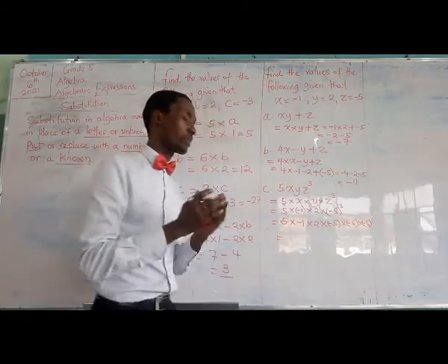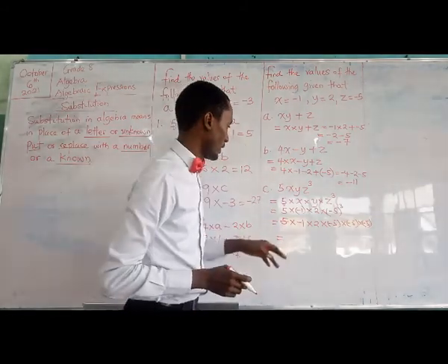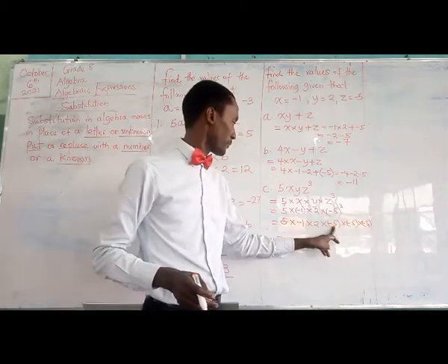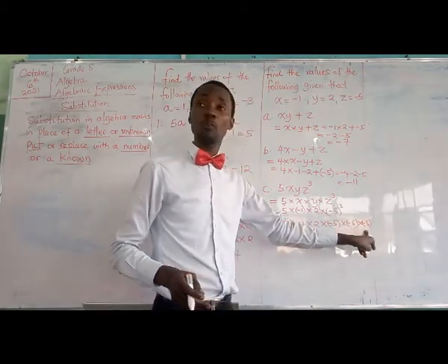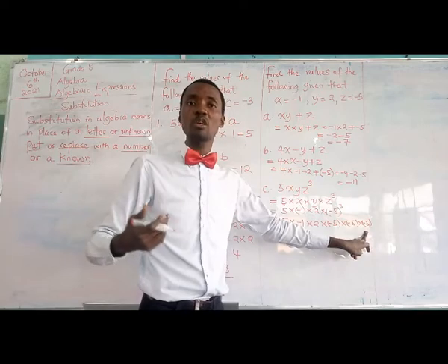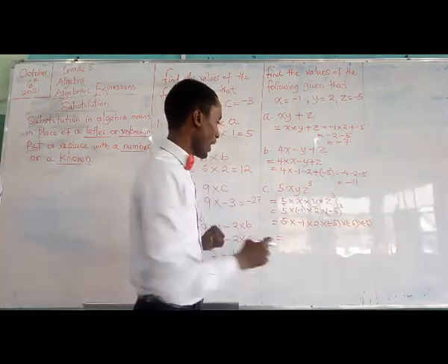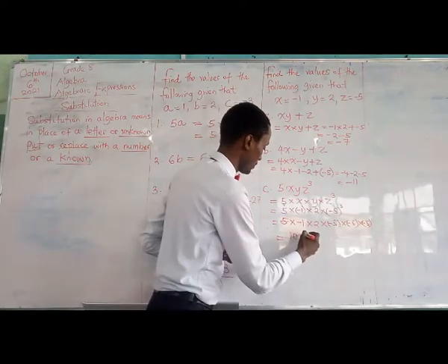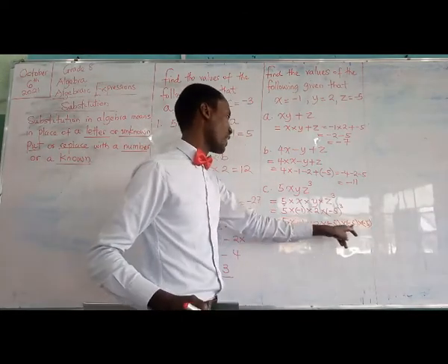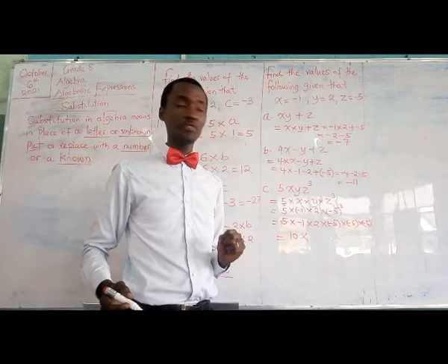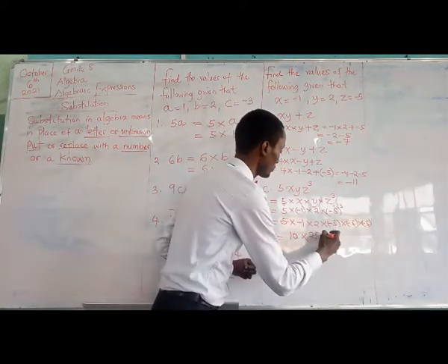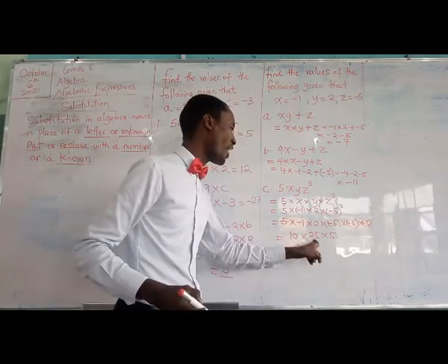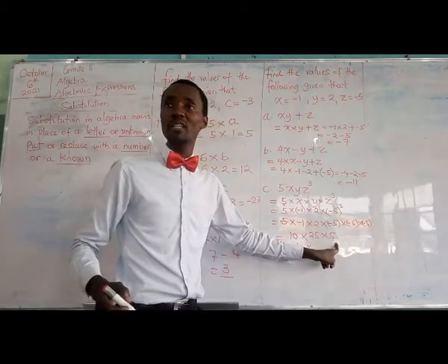So I can decide to take my work gradually. Negative times negative is positive. So I expect my answer to be positive. Now, 5 times 2 is what? 10. 5 times 5 will give me what? 25. 25 times 5 will give me what? 125.